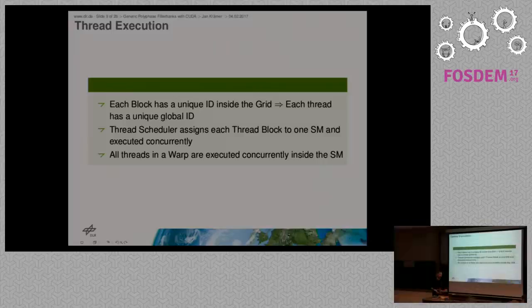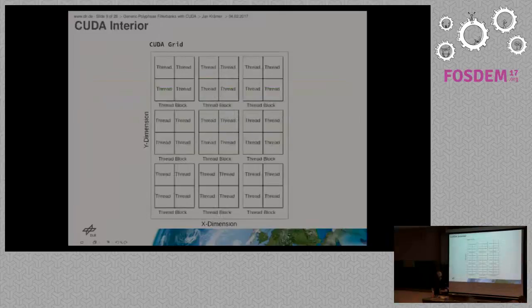What the thread scheduler now does to execute those threads is collect the thread blocks, assign them to one streaming multiprocessor, and then further group the threads into bundles of 32 threads, which are called a warp. These 32 threads are executed simultaneously, and you have to be a bit careful. We will come to that later, how you do calculations inside those warps, because the interaction between them is kind of special.